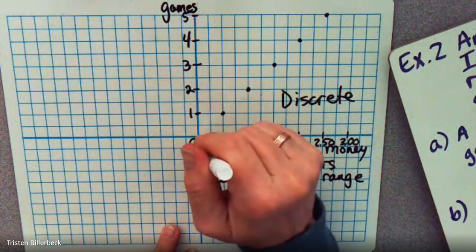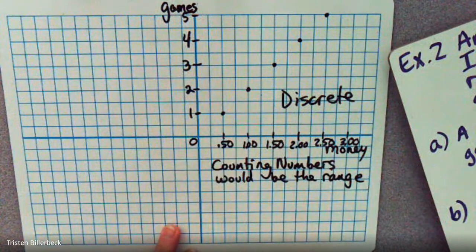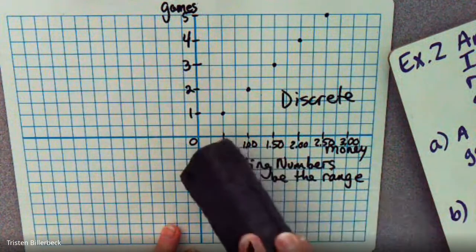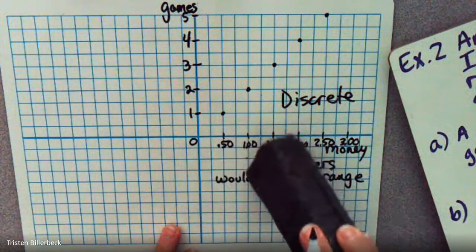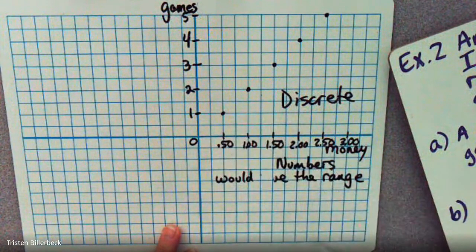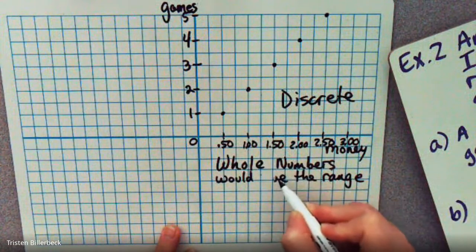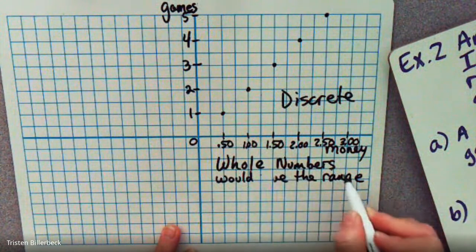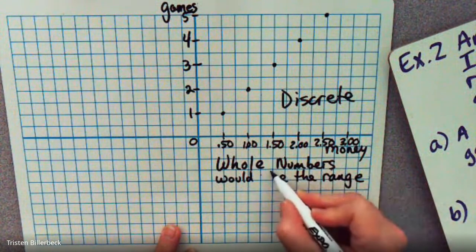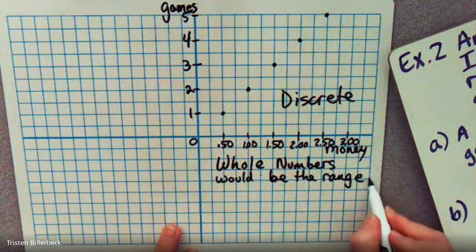We don't have 0 games. Well, I suppose we could have 0 games. So let's change that from counting numbers to whole numbers, because whole numbers include positive integers and 0. So whole numbers would be the range.